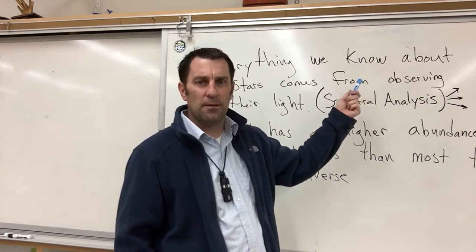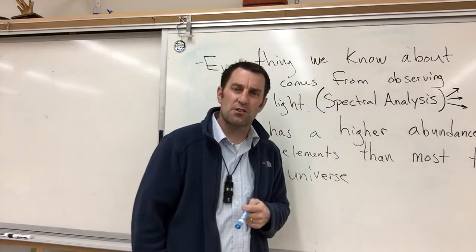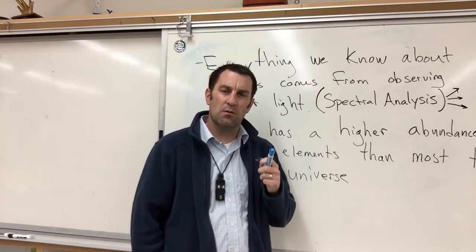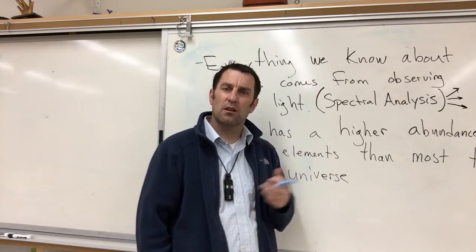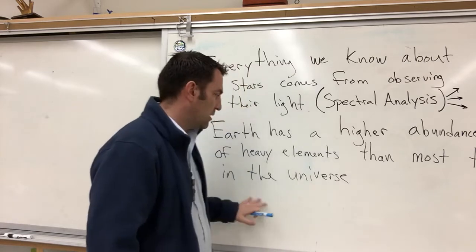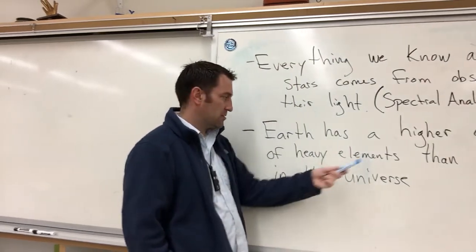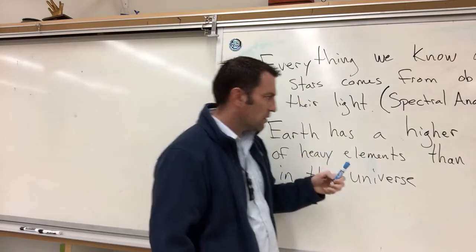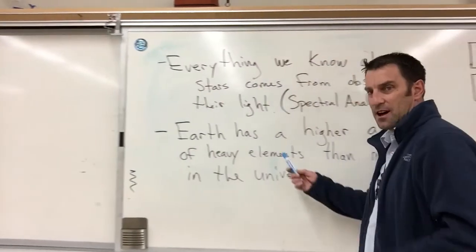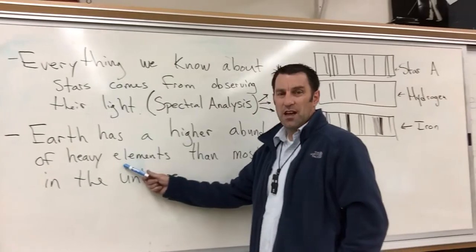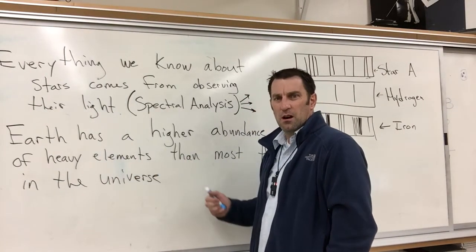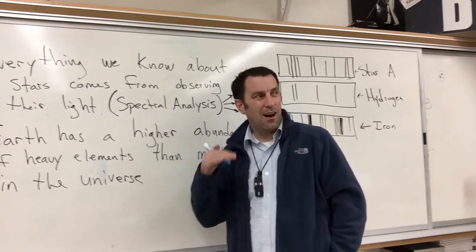So we look at the light, we see that it matches things that we know, and we say, hey, it must be that we all came from the same place, like the Big Bang. Now, this little nugget down here, I erased some with my jacket over there, but it says Earth has a higher abundance of heavy elements than most things in the universe. So Earth, we're talking like iron and lower.